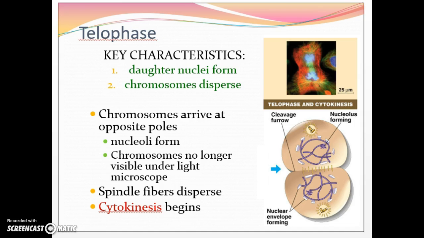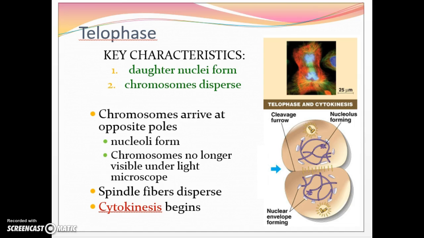So now we're done with anaphase, and we begin telophase. The key characteristics here are that the daughter nuclei are forming. So we have the reformation of the nucleus, and the chromosomes are dispersing. What that means is they're loosening up from the condensed form that we saw before.